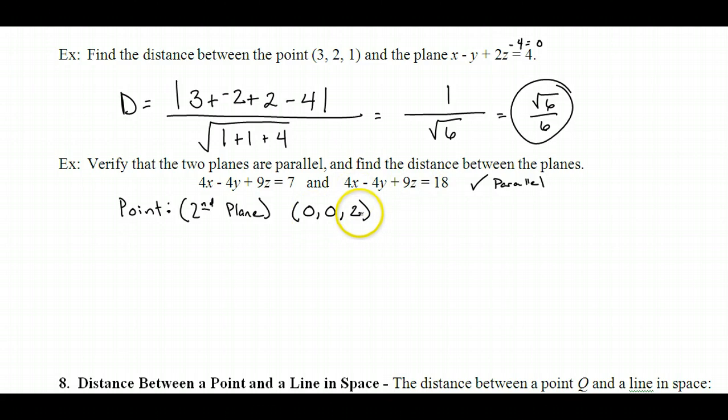And you have to keep in mind that that's the second plane. But now I have a point, and I have to use my first plane, because I'm going from a point on the second plane to our first plane, which is 4x minus 4y plus 9z minus 7, and that would equal 0.